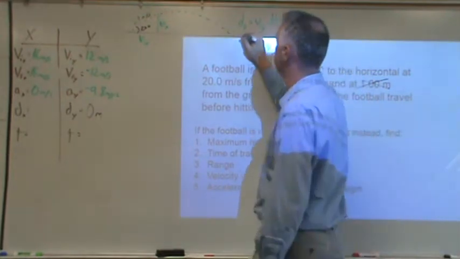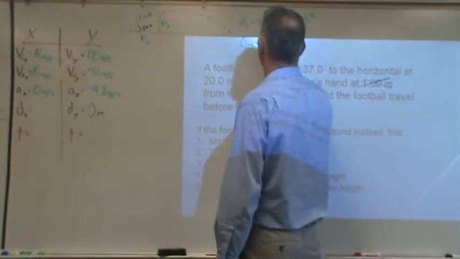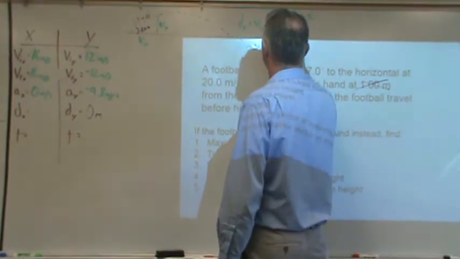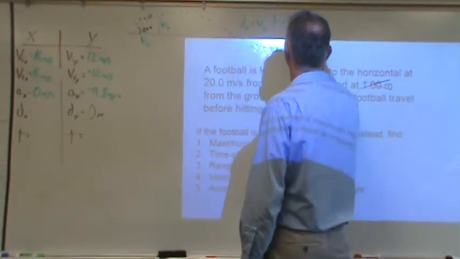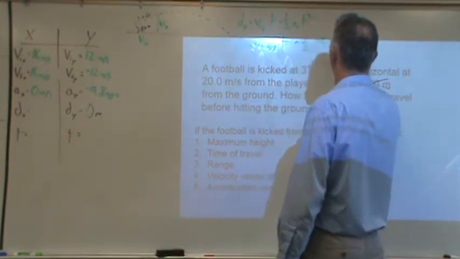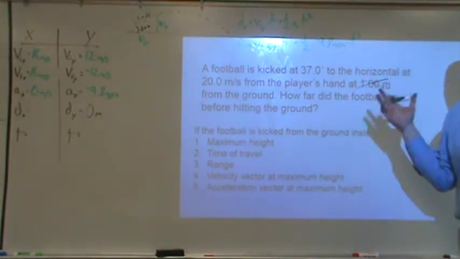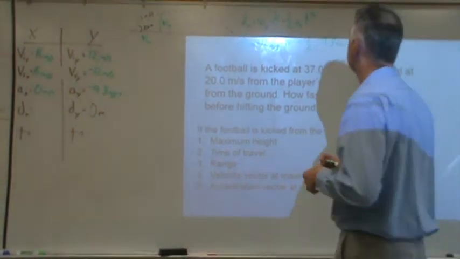So now, plugging in, my displacement in the y direction is 0. My initial velocity is 12. I'm solving for time. All right, so I'm left with time as my only variable. That's good.